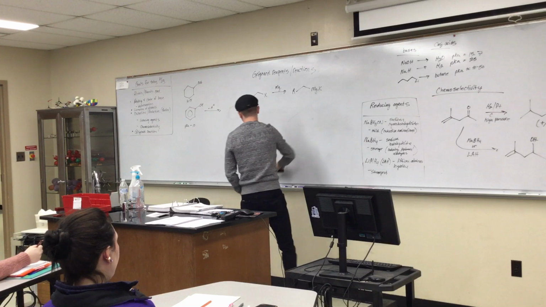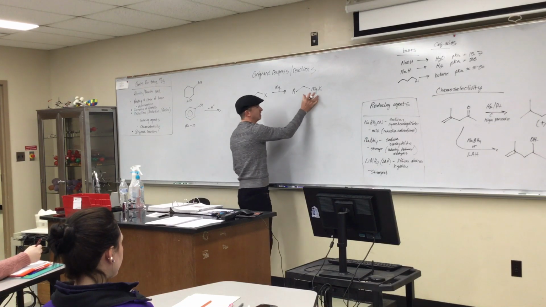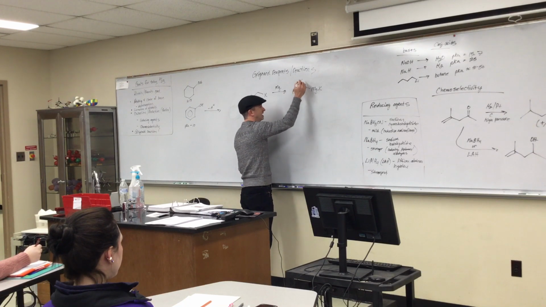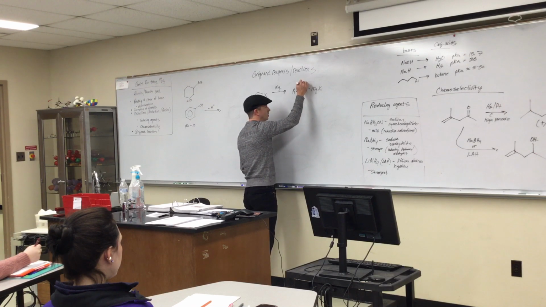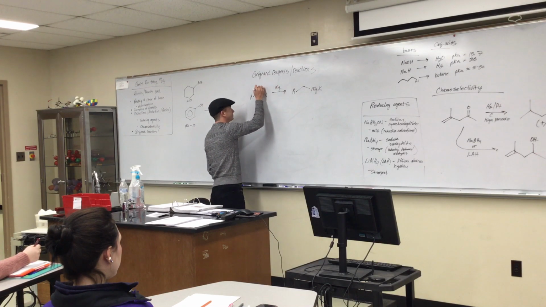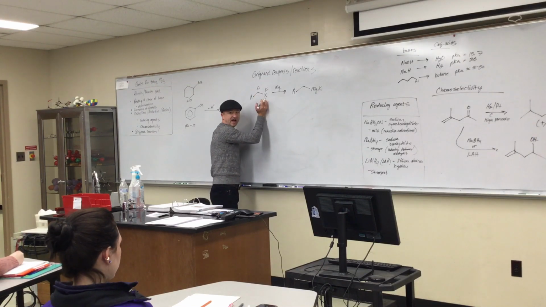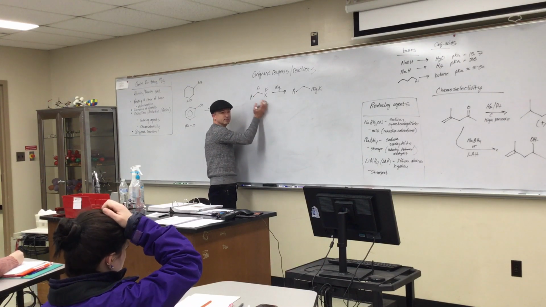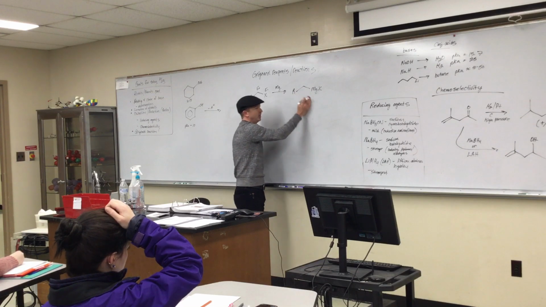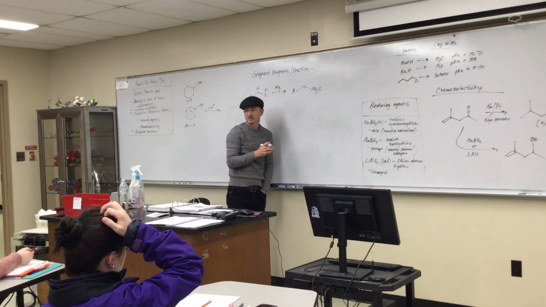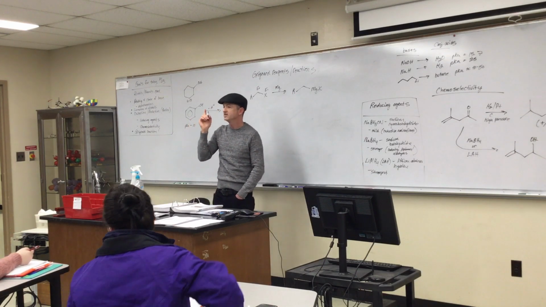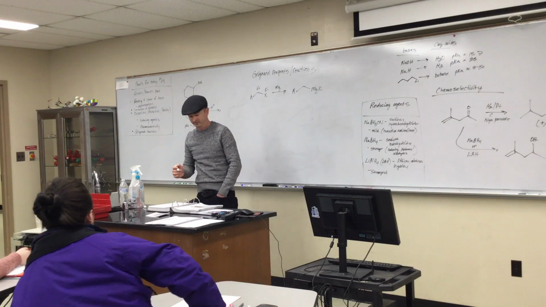But what we see is this polarity, this dipole that exists, first of all, between the carbon and the halogen. There's polarity in this bond. There's still polarity here.